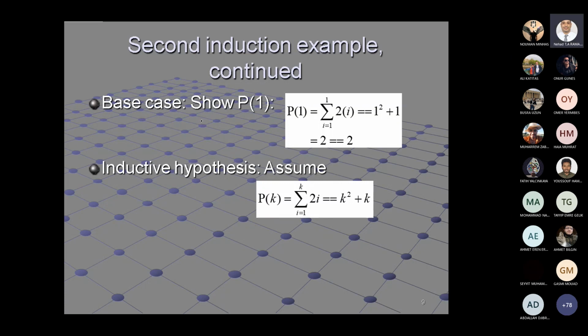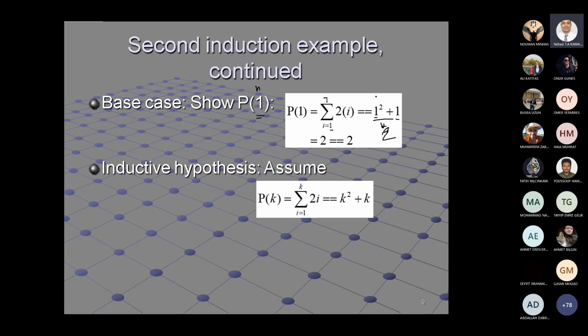So for P1, it means when n equals 1. So it's the summation from i equal 1 to 1. Instead of n, we put 1. The right-hand side equals 1 squared, which is 1, plus 1, so it's 2.